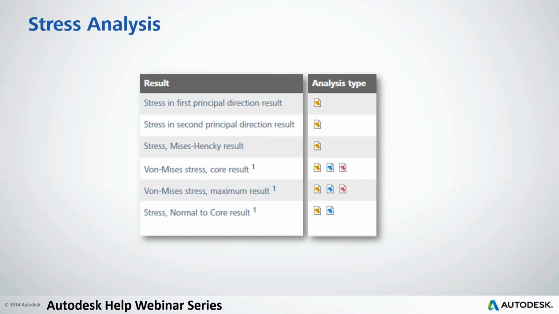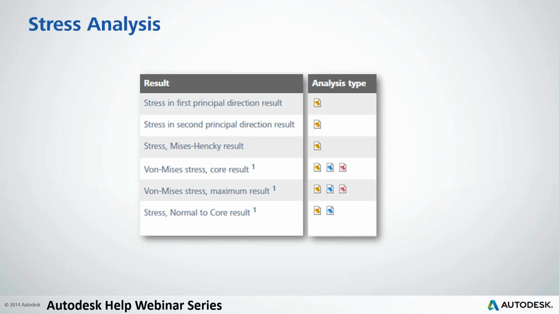Now, for the stress analysis, Beth described a few details on how it's actually run. Now, whenever you're looking at the results, as you can see here, they are spread between the different mesh types.